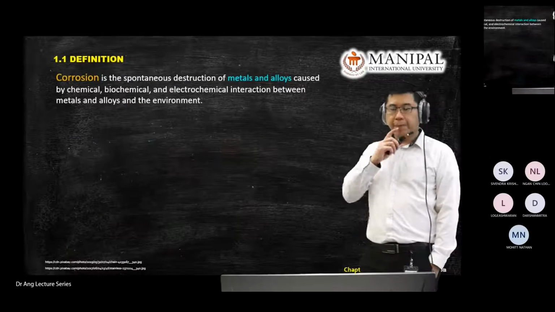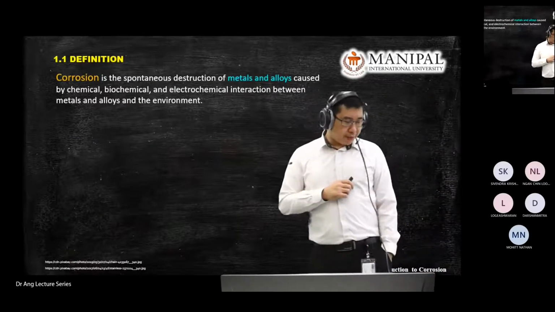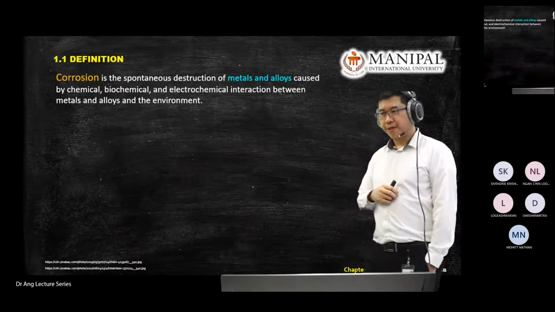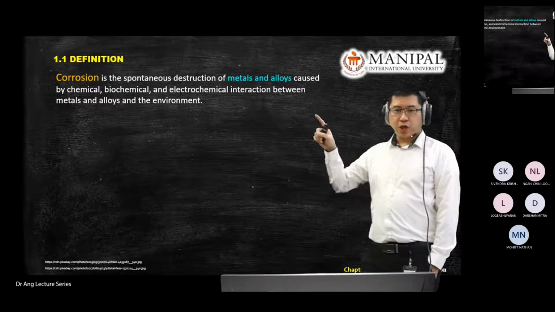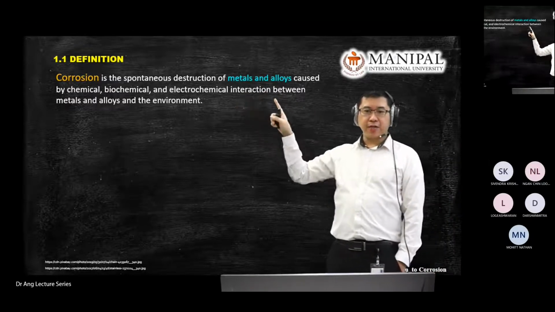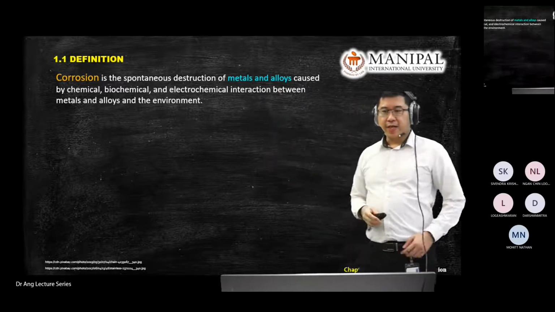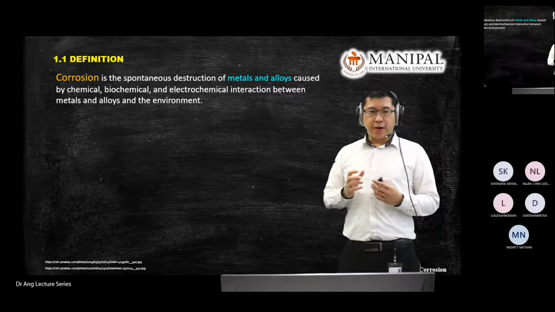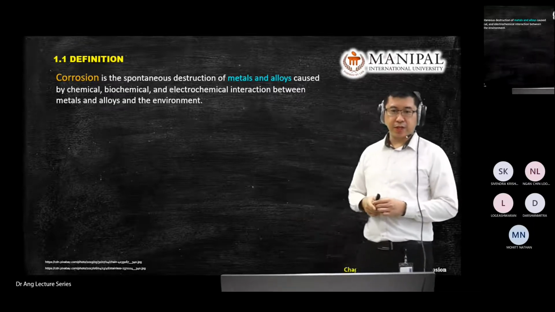Let's start with definition. Now, if we talk about corrosion, try to understand that corrosion happens in metals and alloys. Okay, so how do you remember what is the definition of corrosion?